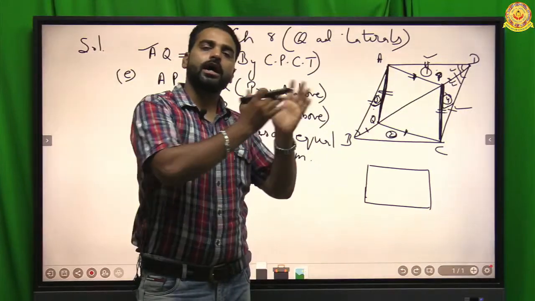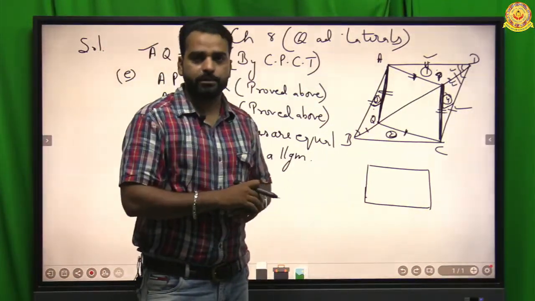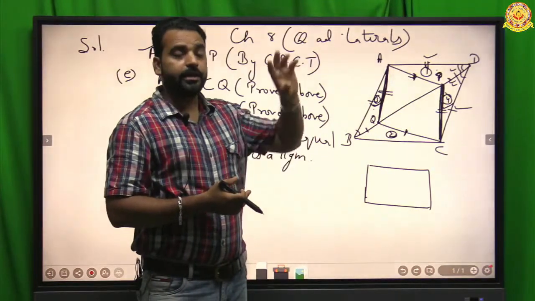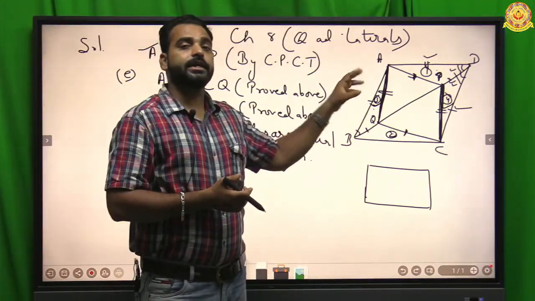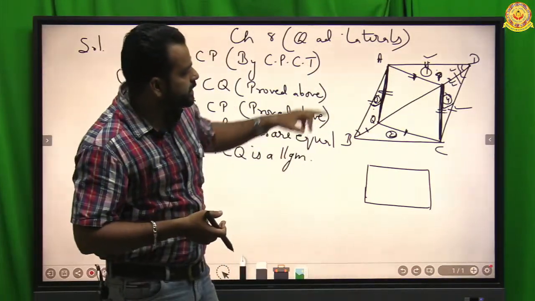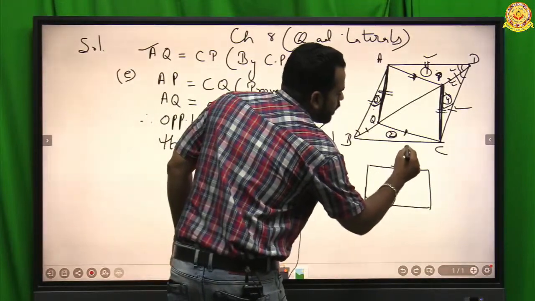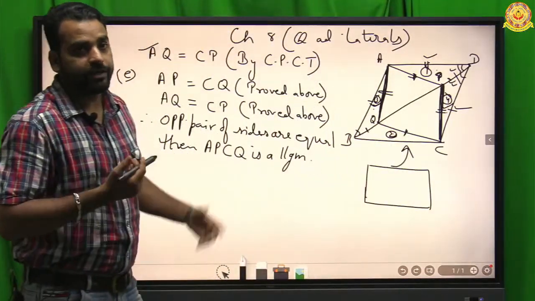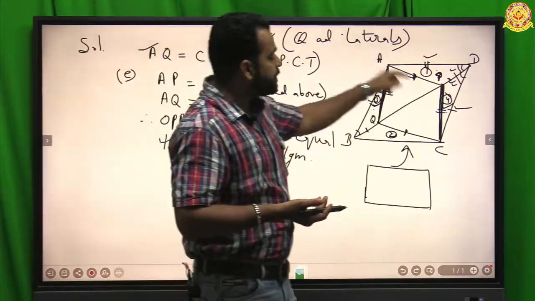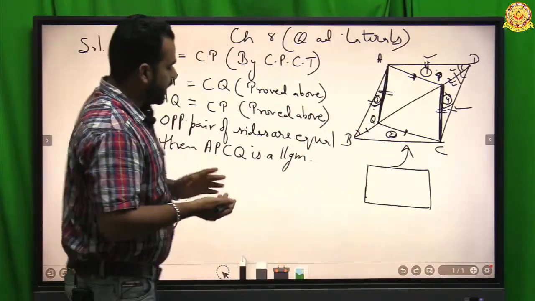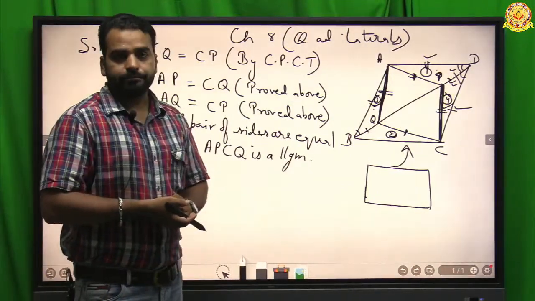I mean they all have similar properties as a parallelogram. Therefore the majority is in favor of the parallelogram, that whatever the opposite sides are there, it will be a parallelogram. So that means this rectangle is also a kind of parallelogram. So if it is a rectangle, then also it is a parallelogram, and we need to prove only that APCQ is a parallelogram. So hence we proved that APCQ is a parallelogram.